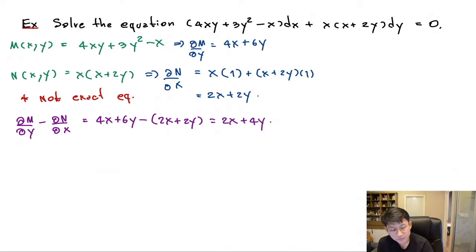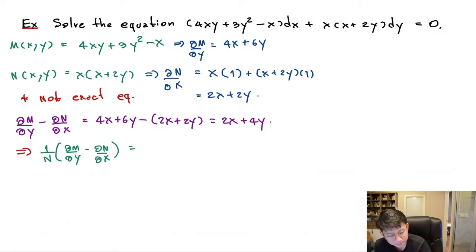Then we look at 1 over N times (dM/dy minus dN/dx). N is x plus 2y, right? dM/dy minus dN/dx would be 2x plus 4y.